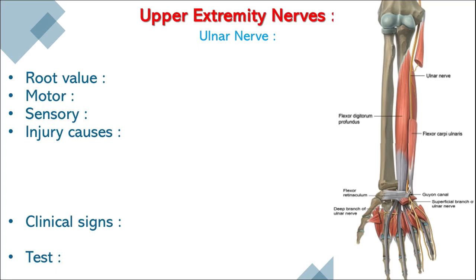One, ulnar nerve. If you see this ulnar nerve, the root value is C8 to T1. Okay, so in motor mostly we can see FCU and the ulnar half of FDP and intrinsic hand muscles, except the LOAF muscles, that means lumbricals.